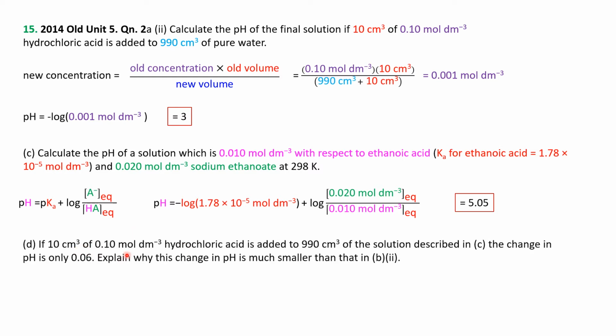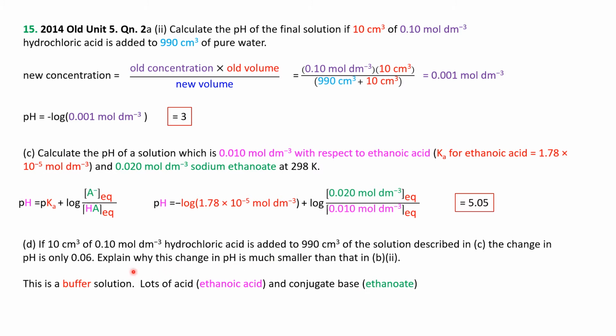And finally, 10 cubic centimeters of 0.1 molar HCl is added to 990 cubic centimeters of this solution. Describe the change in pH, which is only 0.06 instead of 3 going to 5.5. Explain why this change in pH is much smaller than in B2 than this one here. Okay, and the reason is that it's a buffer solution. You've got lots of the ethanoic acid, 0.01, and conjugate base ethanoate 0.02.